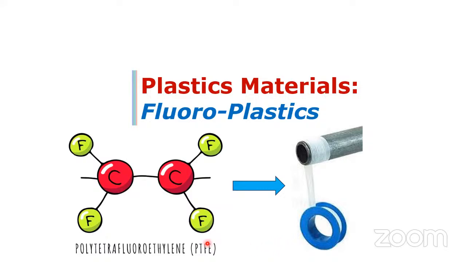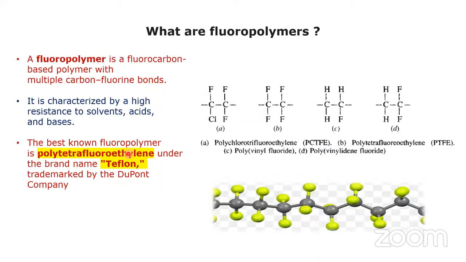If you see here, one structure I have shown graphically, fluorine atoms have been attached to each carbon. That's why it is called a fluoroplastic, because the functional group is fluorine.